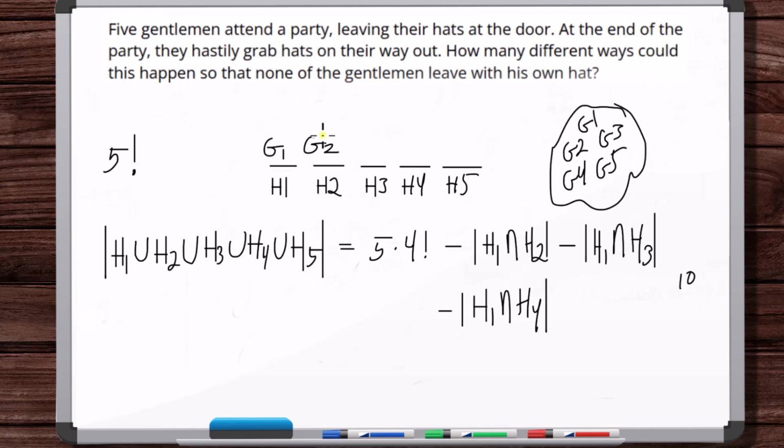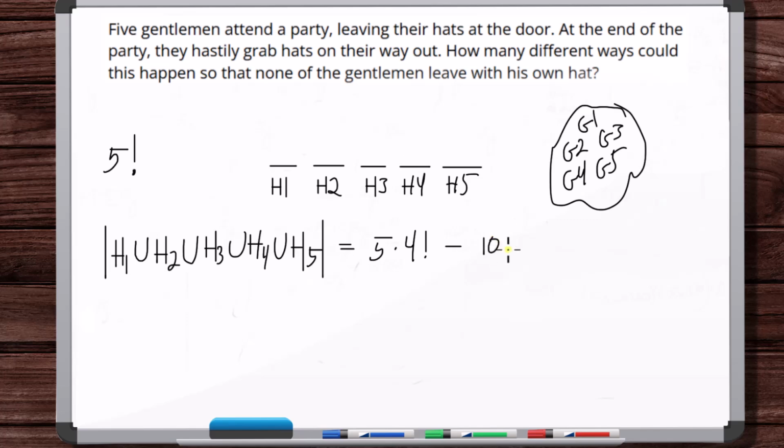There's one outcome here. We're not counting where these switch. No, G2 can't switch. So it's just 3 factorial, because you take gentlemen 3, 4, 5, you can put them wherever you want here. So 3 factorial, but then it's going to be the same result for all of these. So it's 10 times 3 factorial.